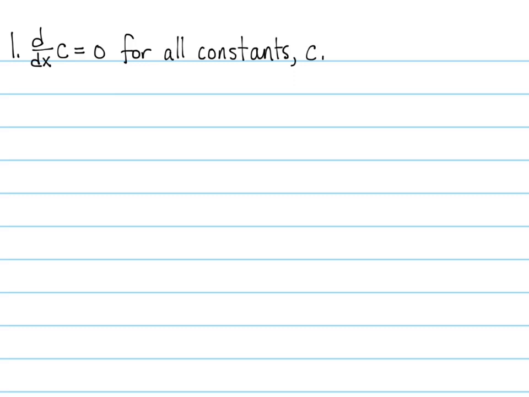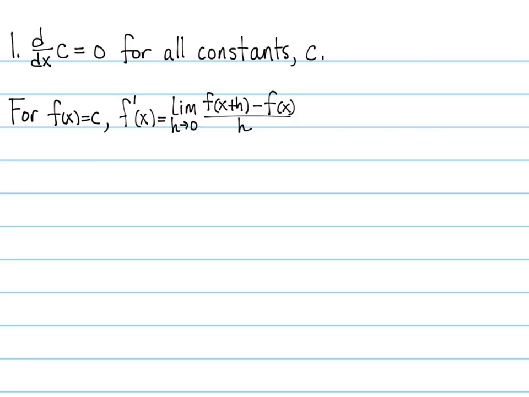1. The derivative of a constant is 0 for all constants. Why? Well, let's let f of x be a constant and write out the definition of f prime of x. That's just the limit as h goes to 0 of f of x plus h minus f of x over h.